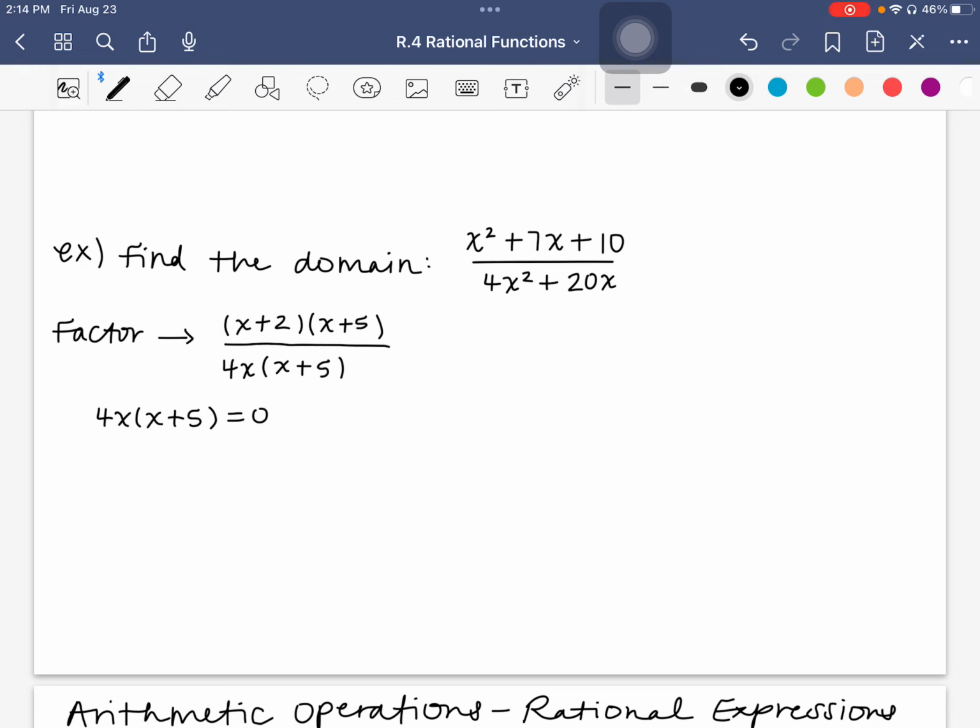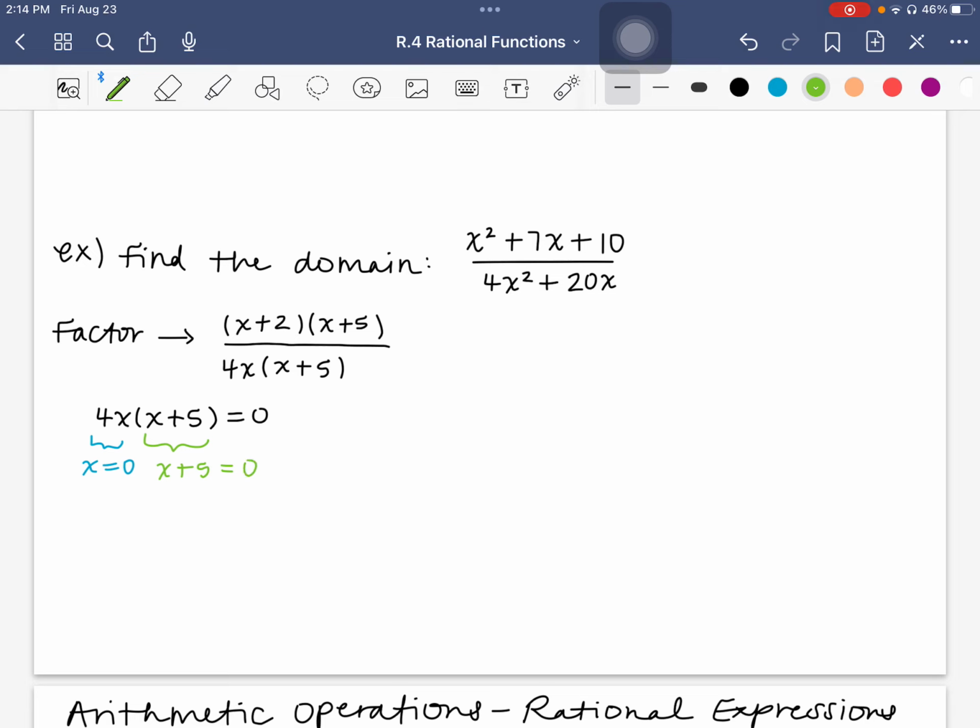Now this will happen for two instances. The first is if x were equal to 0, right? Immediately if we were to plug 0 into here, this entire thing would be equal to 0. And then the other instance is if we were to look at just this term here.